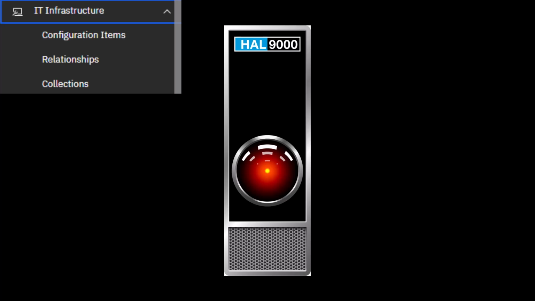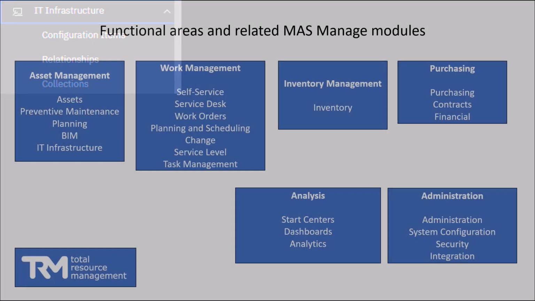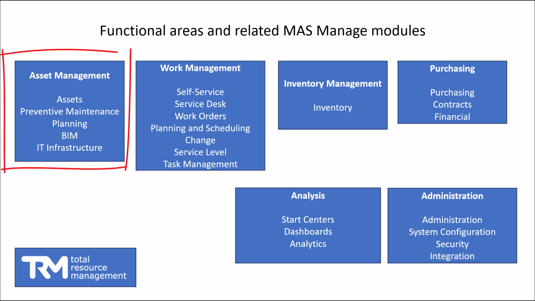So for example, you could have a laptop of some kind and you have a certain type of hard drive in it, a certain type of operating system, and you're able to identify these configurations or collections so that you can manage the different pieces of equipment that might be involved. Again, it's kind of an offshoot of the Assets application, but has a more specific purpose for IT-related equipment. So there you have it. Nearly all of the applications in Manage that have something to do with asset management.